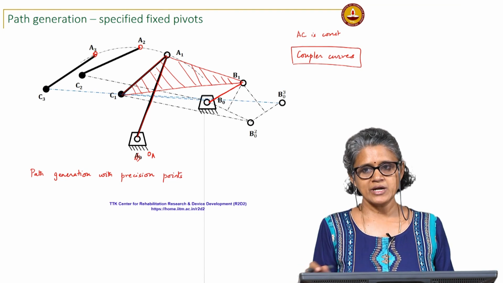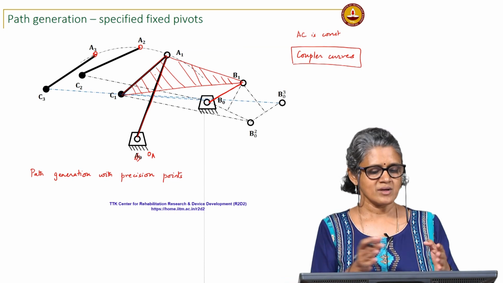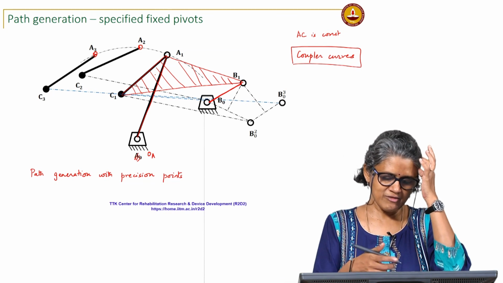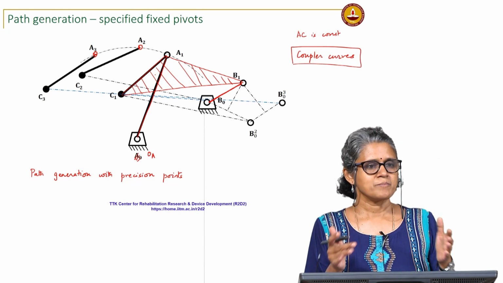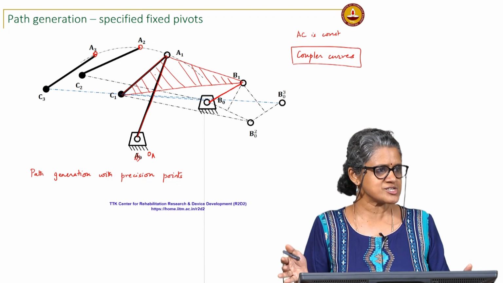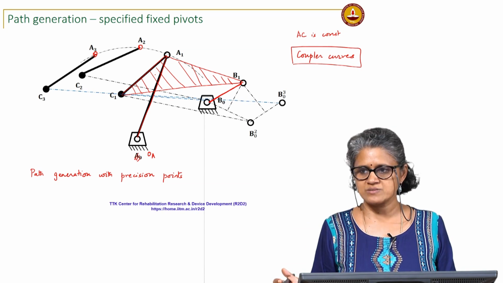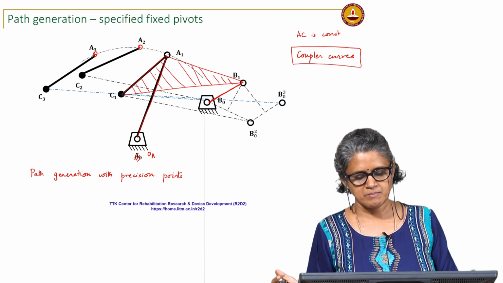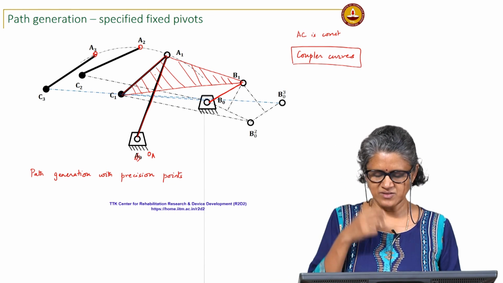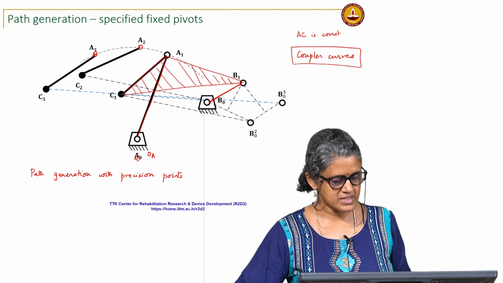So, I will not go into path generation using coupler curves right now, because we'll finish this precision point synthesis, as it is called, where you have a certain number of positions and you want to basically hit those with the mechanism. So, this is path generation with precision points, and we will look at coupler curves later.